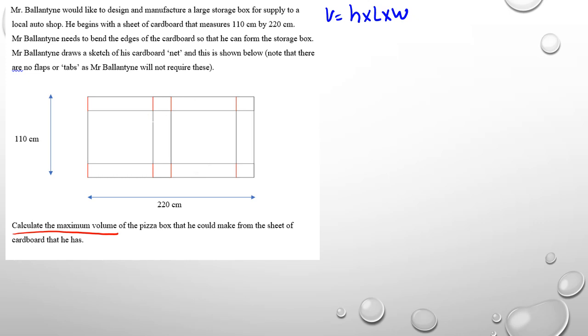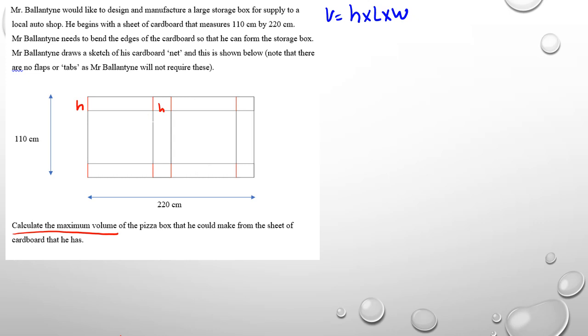When you fold in the box, the height of the box will be this bit here. So I'm going to mark this line as h, that red line. All of these are equal, so all those little lines are h.